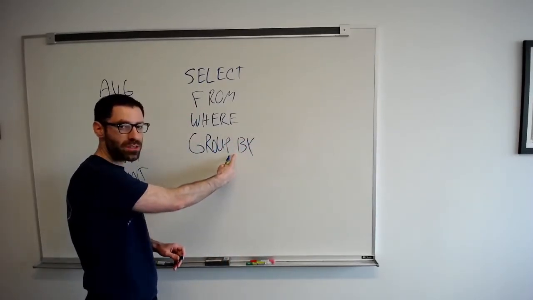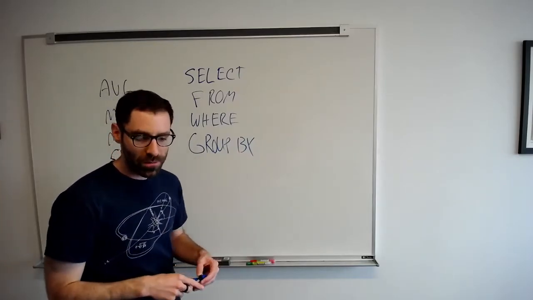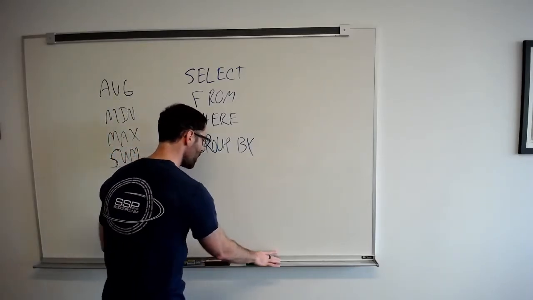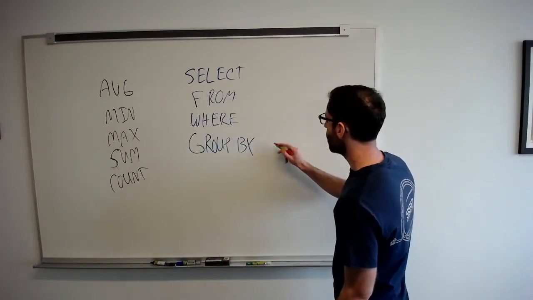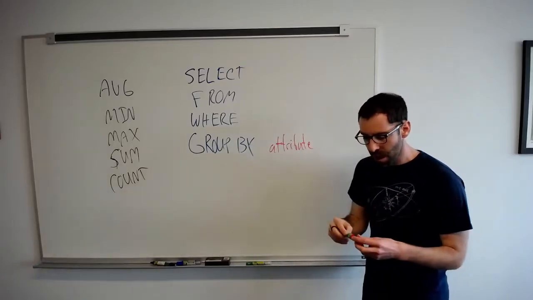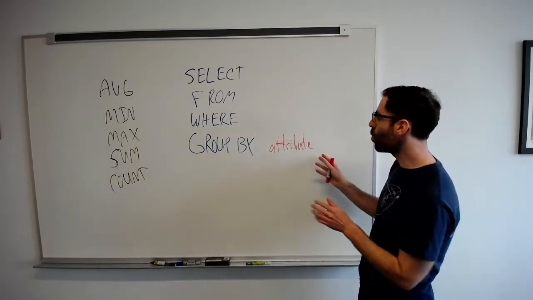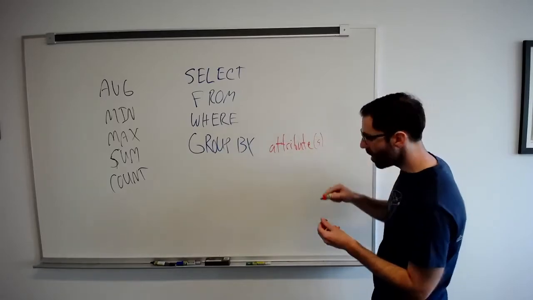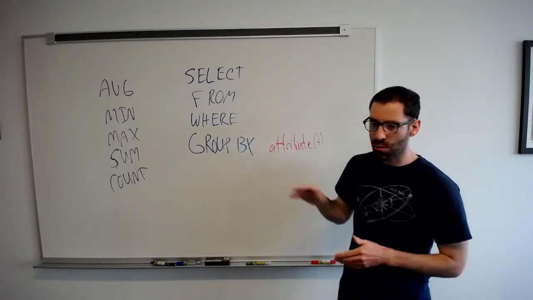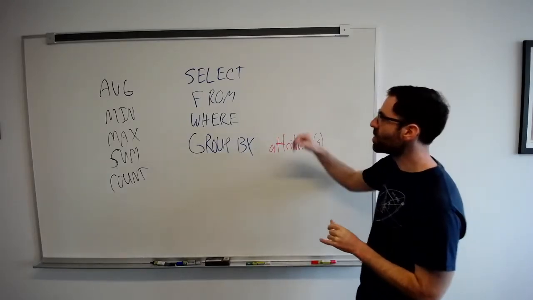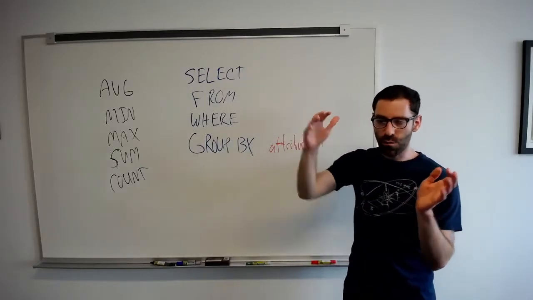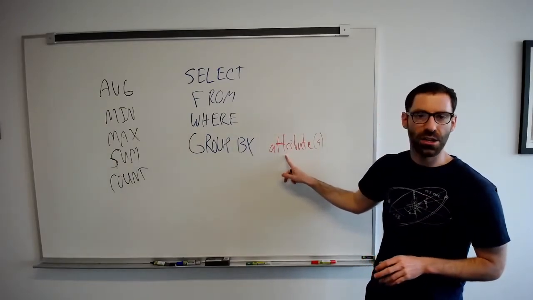Note there is a space between group and by. It's not one word. And for group by, we provide one or more attributes, and what this group by will do is take the output tuples from the query and group them together according to whatever attribute this is.